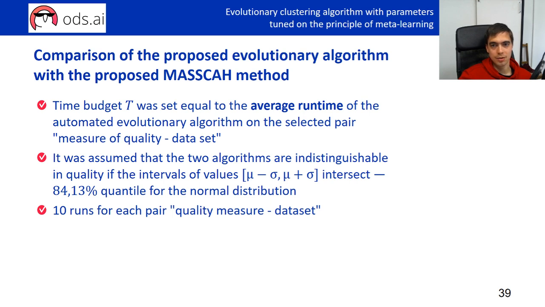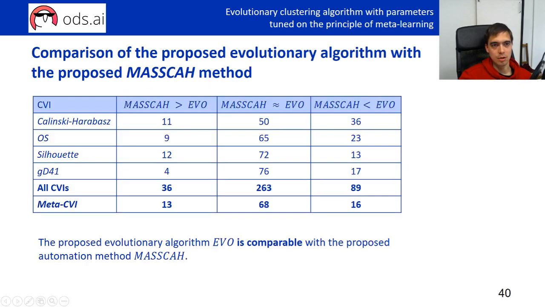Also, we made a comparison with an algorithm based on the method of automatic selection and tuning of the heuristic clustering algorithm that we earlier mentioned. It's called Mascar. So we performed 10 runs of both algorithms on all the pairs quality measure and dataset. The algorithms were compared using the normal distribution quantile. The results of the comparison are presented in the table on the slide.